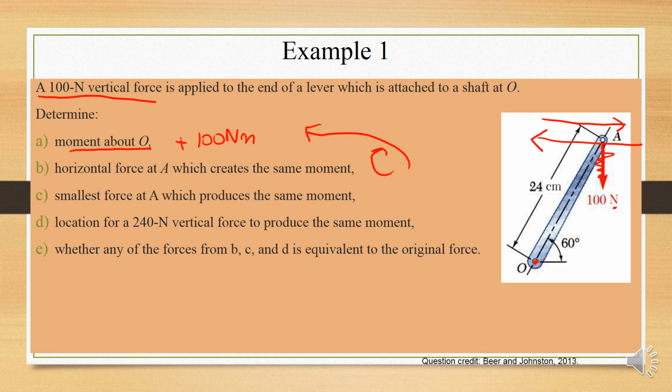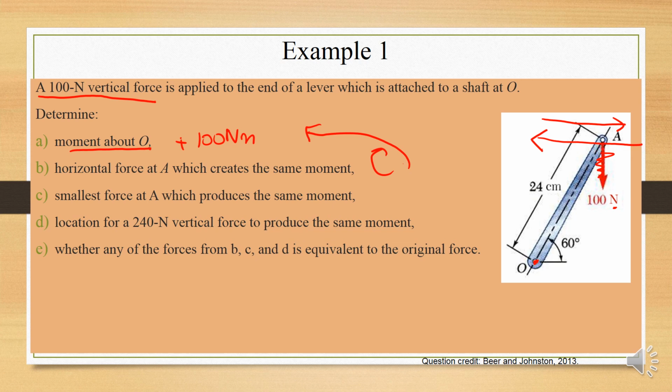So how can you create the same moment and the same direction with the new force, which is still located at A, but in horizontal direction? I hope you are clear about question A and question B. What's the difference? And then question C.